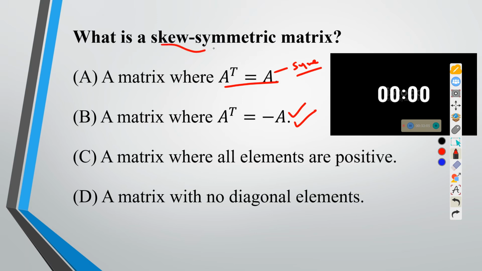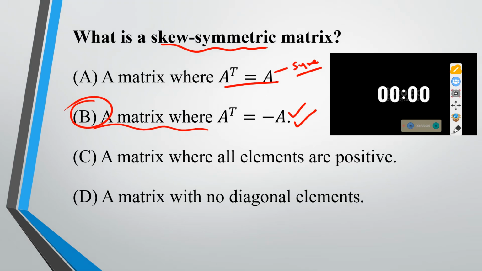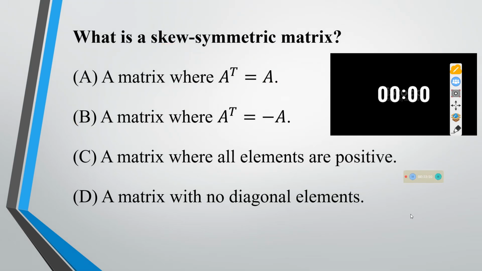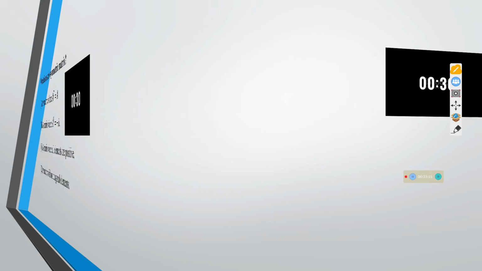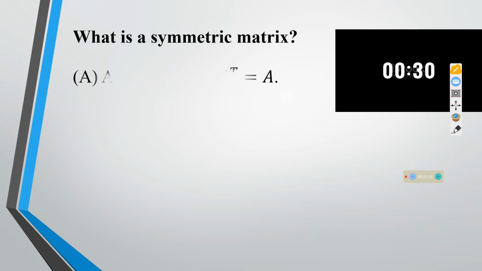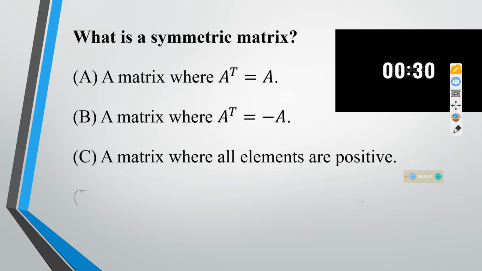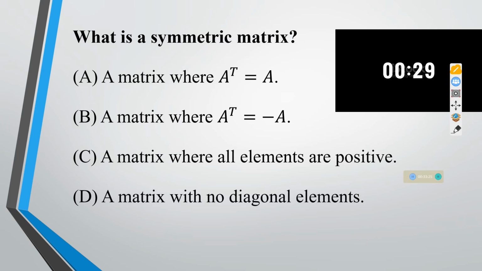But since we are interested in skew-symmetric matrix, then that will be part B. So let us look at the next question. And you have 30 seconds to answer that.